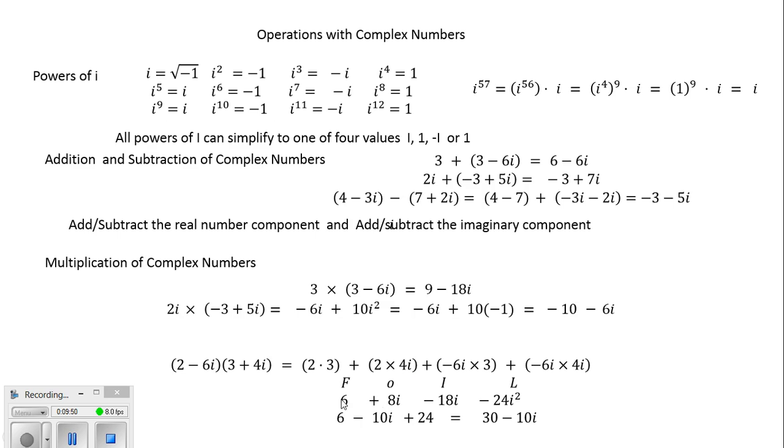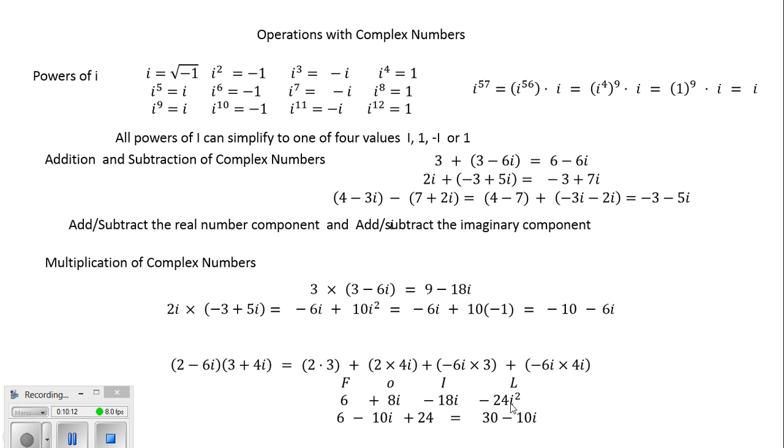Then the inner, negative 6i and 3, is negative 18i. And then the last, which is negative 6i times 4i, is negative 24i squared. So we're down to this stage.